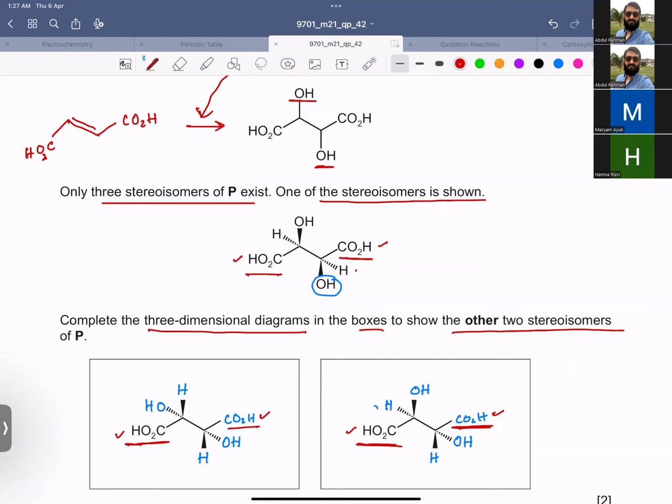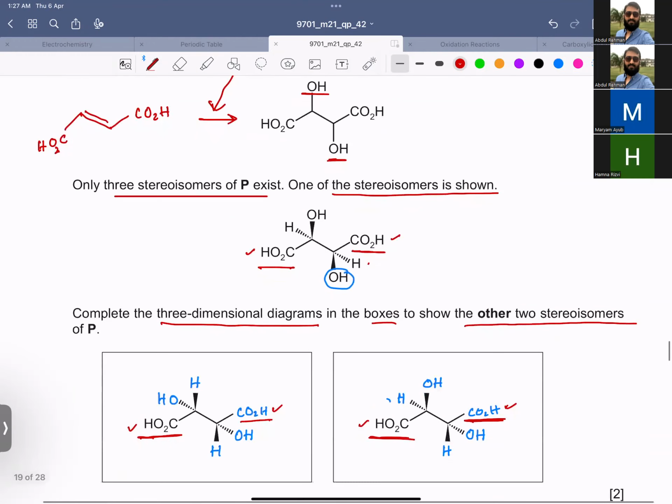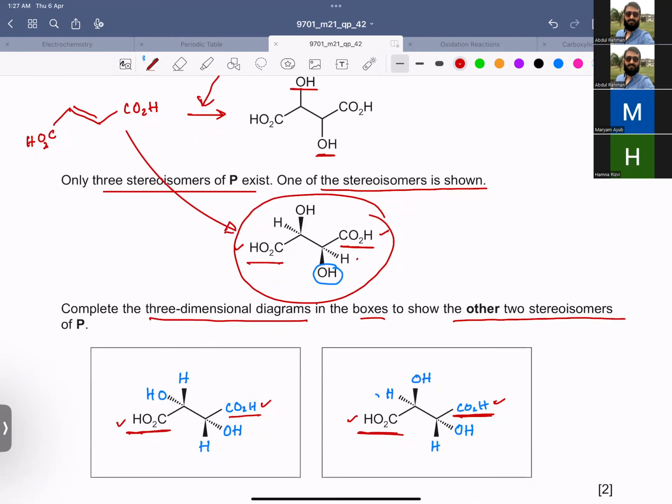I think we can do this, but the thing is that if you see, we obtain this from this compound, right? And in this compound, the carboxylic acid are still on the plane. And when this reacts with cold dilute acidified permanganate, we got this, right?